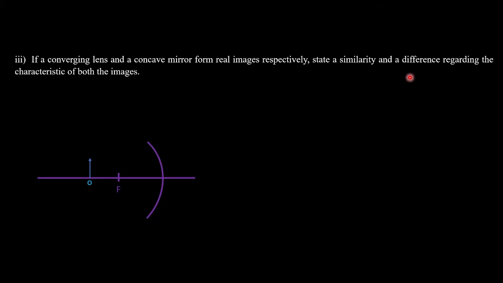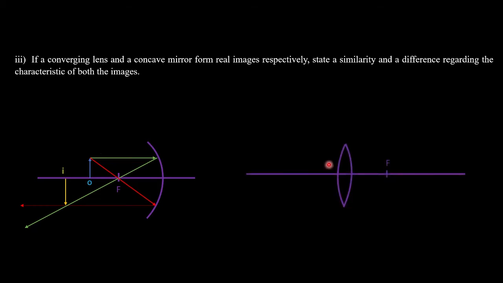For the concave mirror, we have a light ray parallel to the principal axis that passes through the focal point. Then the second light ray can be drawn passing through the focal point and parallel to the principal axis. The intersection point is where your image forms. Both of these are on the same side and the image is a real image.